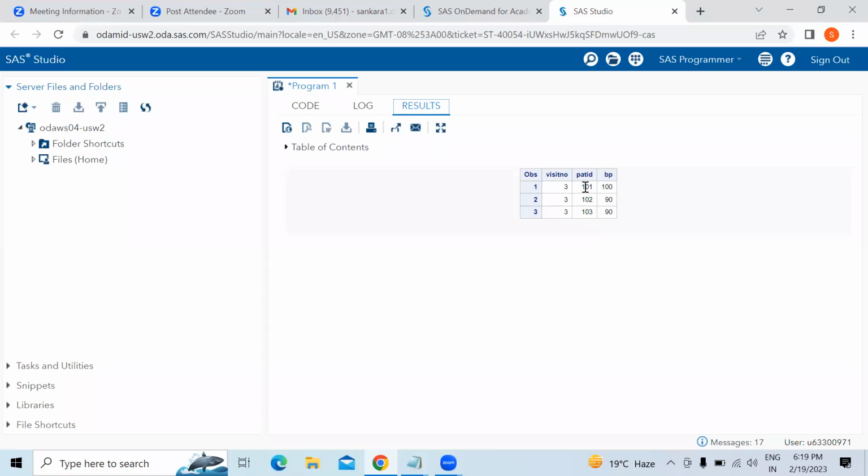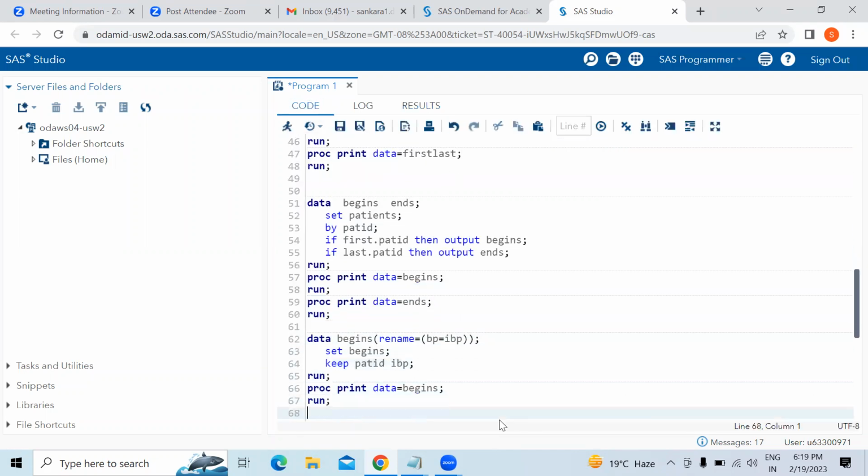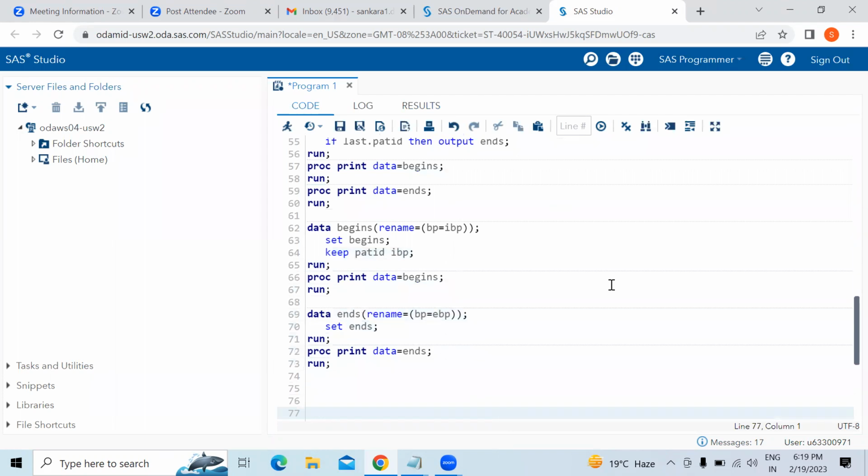Visit number, patient ID, BP. Rename BP equal to EBP.